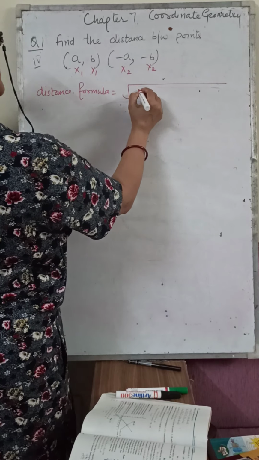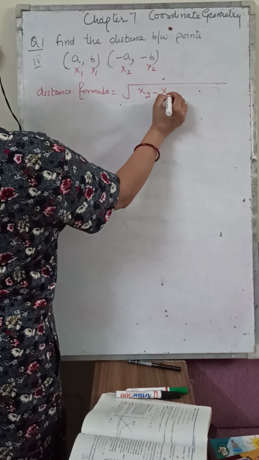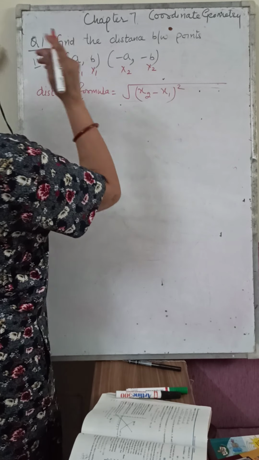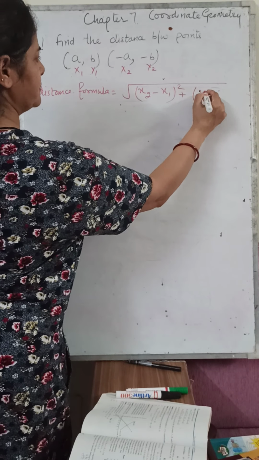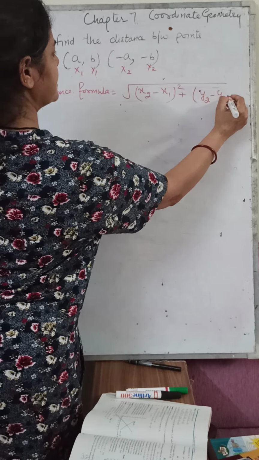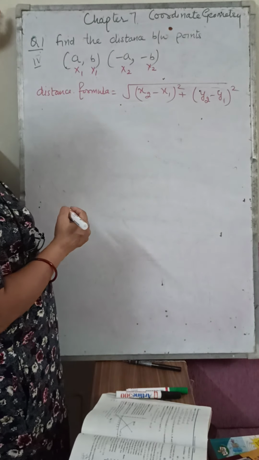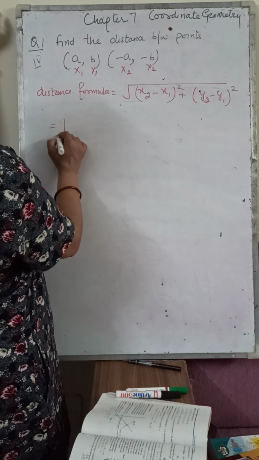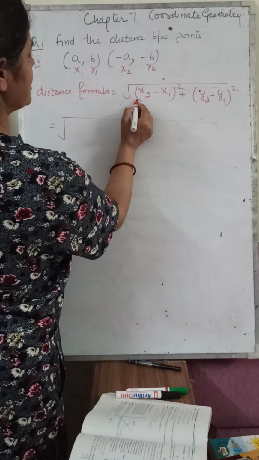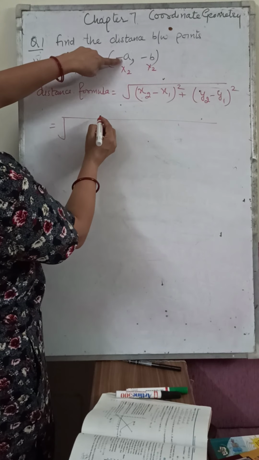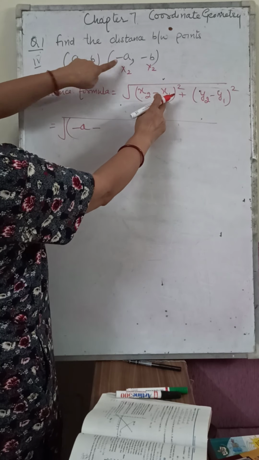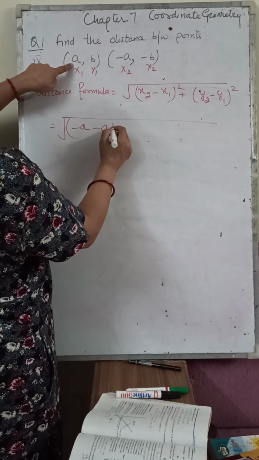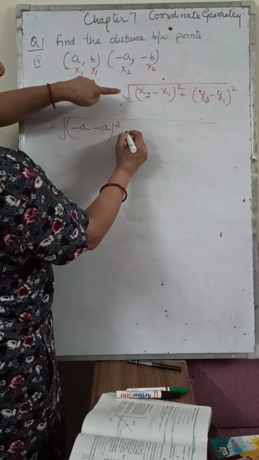It is root of (x2 minus x1) whole square plus (y2 minus y1) whole square. Here x2 is minus a, minus x1, x1 is a, whole square.